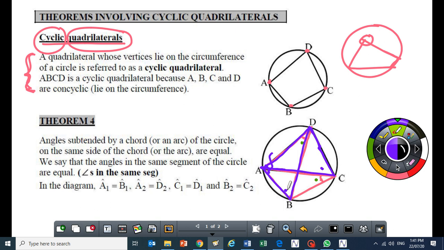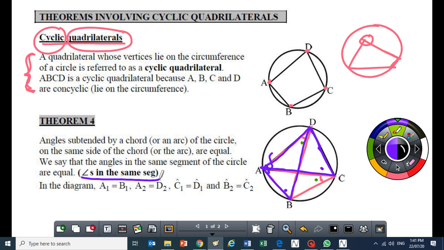So, as a summary, when you are using the acceptable reasoning in the examination guidelines, this theorem 4, sometimes it's called theorem 6, depending on the textbook, you just write angles in the same segment. And I explained to you what a segment is during the first lesson of this topic. Okay?